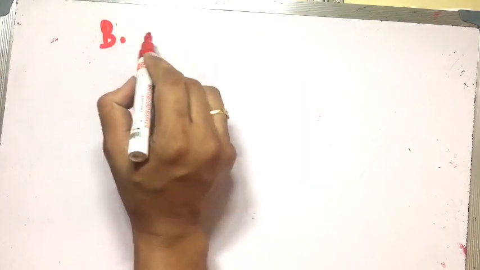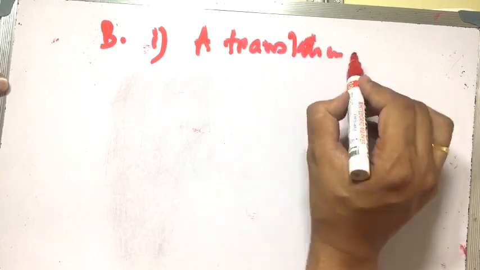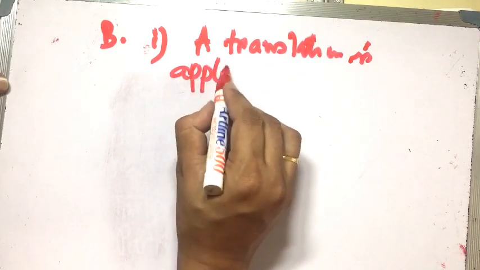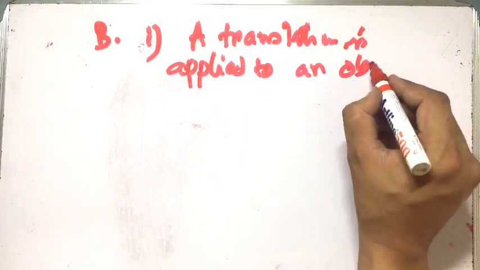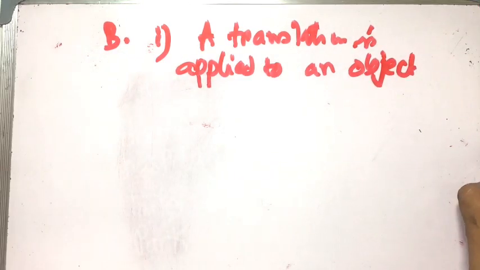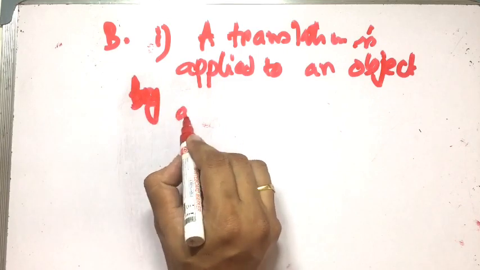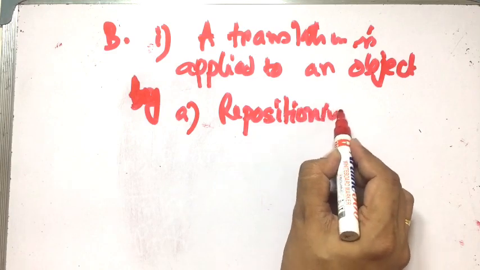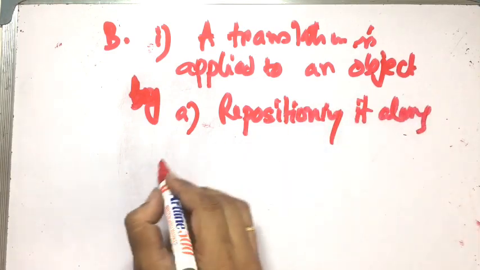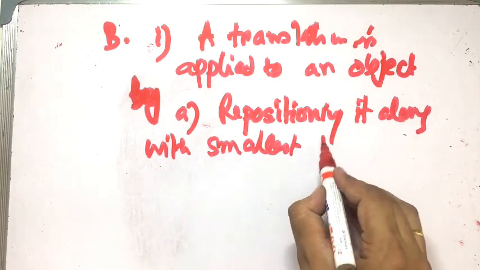Question number 1. A translation is applied to an object by: option A, repositioning it along the smallest line path.